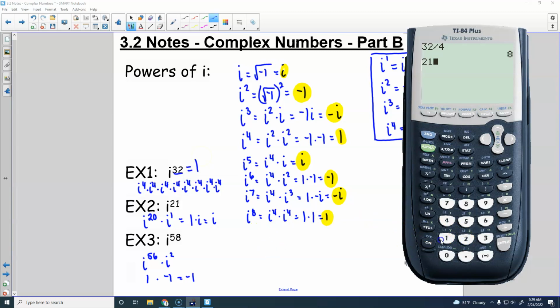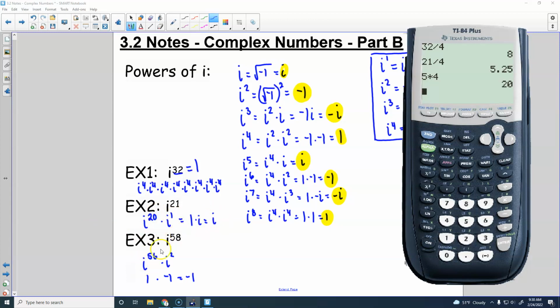When you do 21 divided by 4, which these are smaller numbers so we could do that in our head better, but Delta Math is going to give you some larger numbers here. 21 divided by 4 gave me 5.25. So that means it went 5 whole times evenly, and I had 1 quarter left over. So 5 times 4, we know already is 20. So i to the 20th and i to the 1st, so it just gives us i to the 1st power.